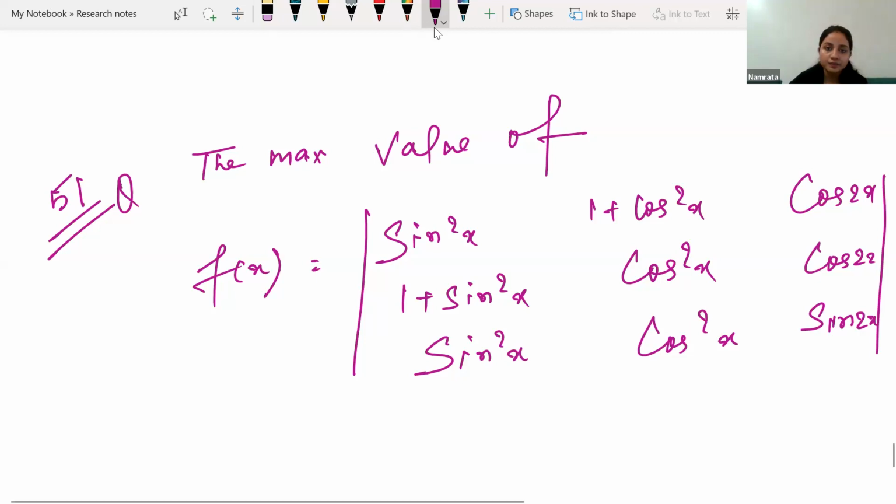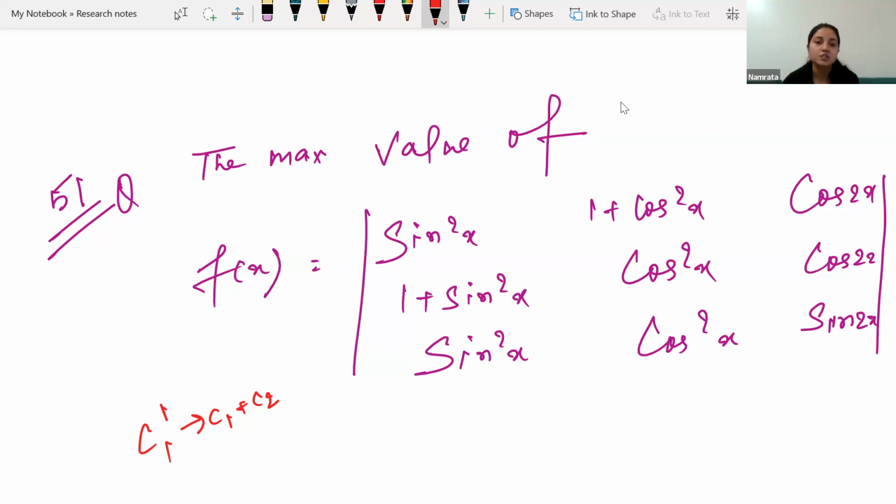If we make C1 dash the new column, that is column 1 plus column 2, then in each and every element of the first column you will be getting sine square x, cos square x. Apart from that, another term will also be there, but you will be able to make the identity sine square x plus cos square x.